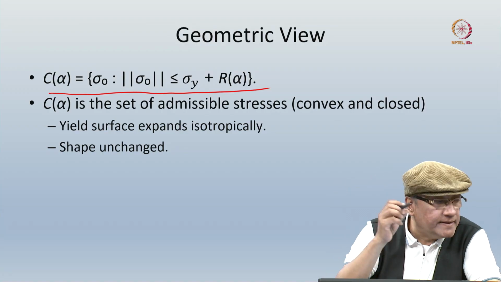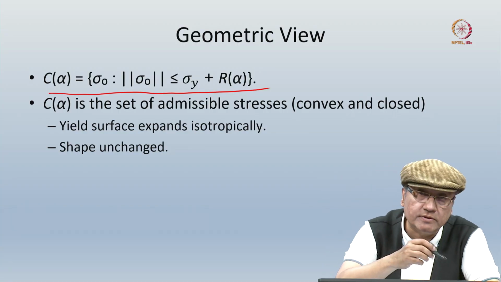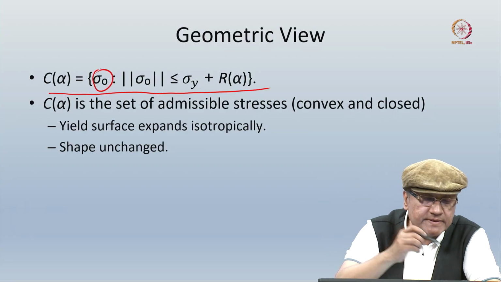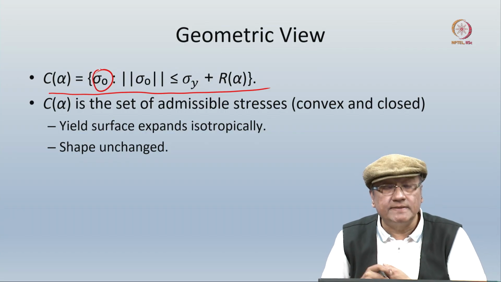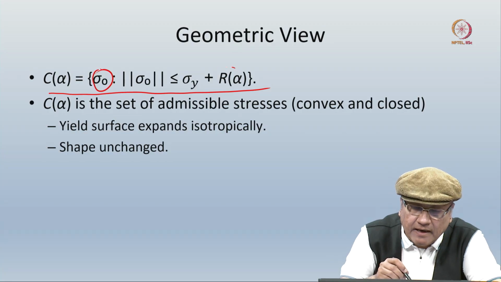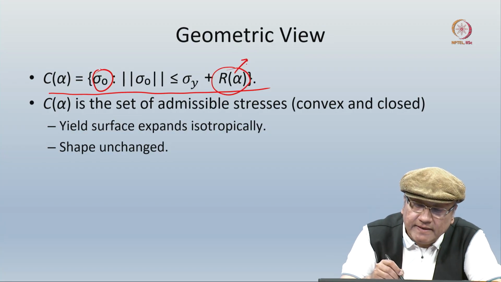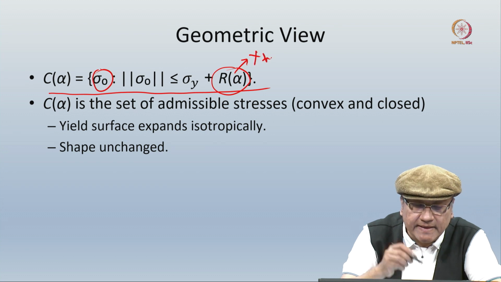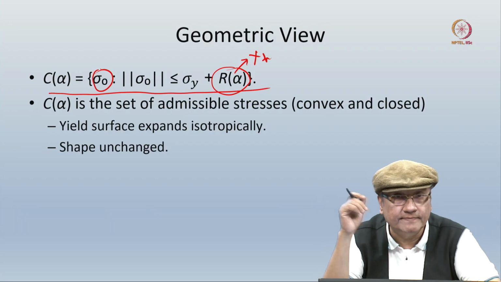It is defined by the set of all deviatoric stresses sigma 0, such that the norm of the deviatoric stress is less than or equal to sigma y plus r alpha, and this r alpha is nothing but xh. So I can say this is sigma y plus xh, the hardening force.